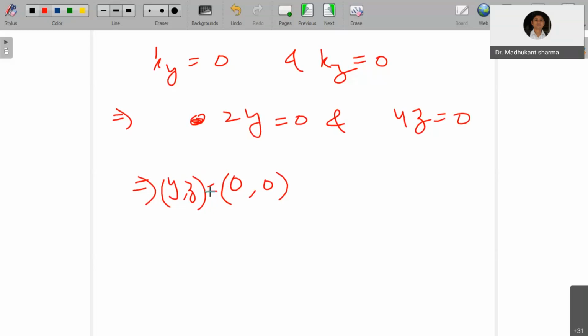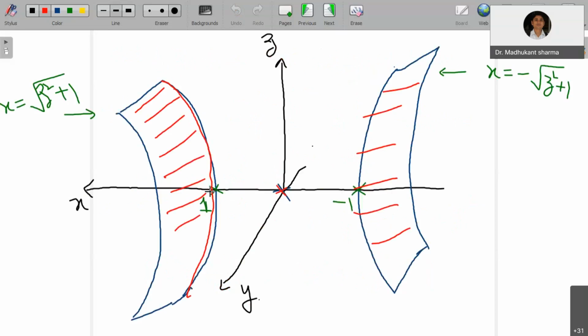And so what are the points you look at? If you look back at the geometry, this is x equals 1 here, and this is x equals minus 1. The closest point is nothing but here.